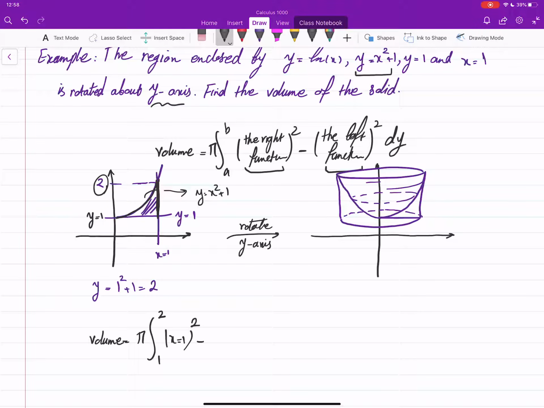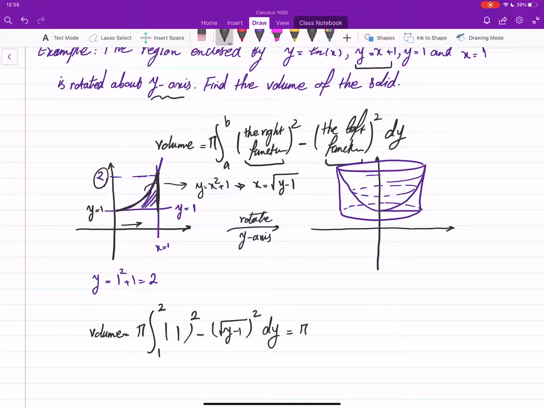But we know that we have to write everything in terms of y. Well, you solve this for x, you see that x is going to be root of y minus 1. Well, you can say plus minus, but here we're only taking the positive values of x. So this will be root of y minus 1 squared. So let me switch this to 1, then dy.